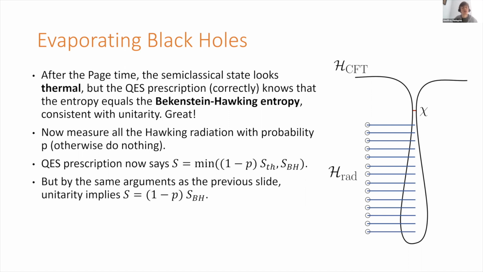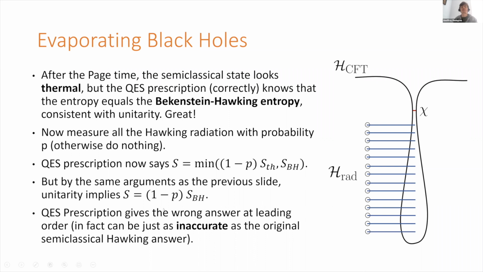But by exactly the same arguments as the previous slide, if we do unitarity, we've done this measurement, it has to be a mixture of having done the measurement and got a pure state, and not having done it and still having entropy equal to the Bekenstein-Hawking entropy. So it should just be 1 minus P times the Bekenstein-Hawking entropy. Again, these two formulas from QES and from self-consistency disagree at leading order.